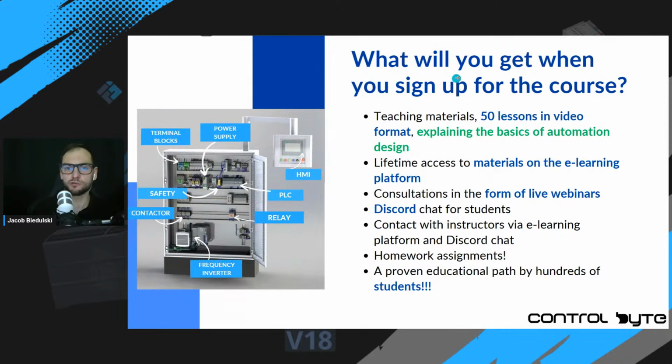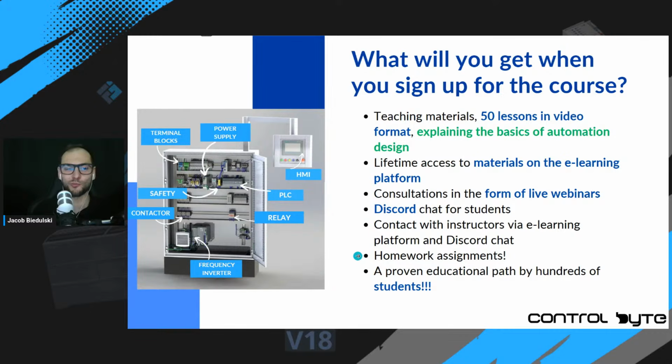So what will you get when you sign up for the course? You will get video lessons, more than 50. Right now it is more than 66. You get lifetime access to materials on our Control Byte e-learning platform. You will get access to our Discord channel. This is the support channel for our students, support chat.